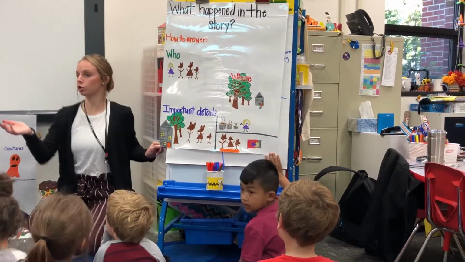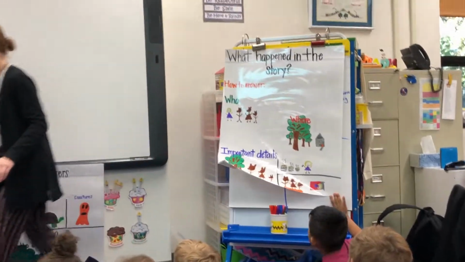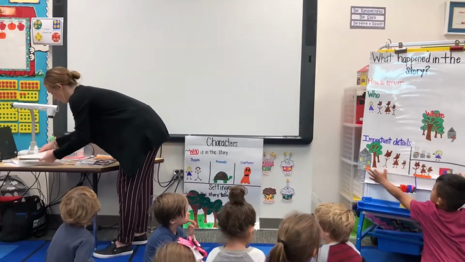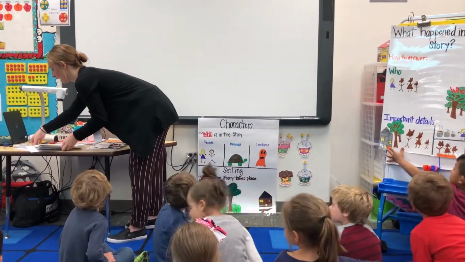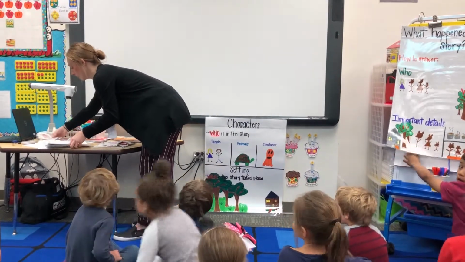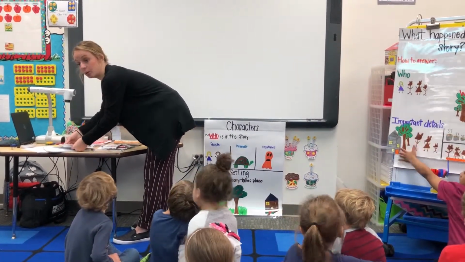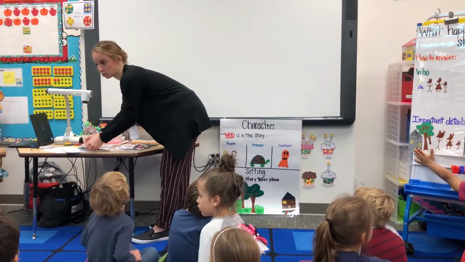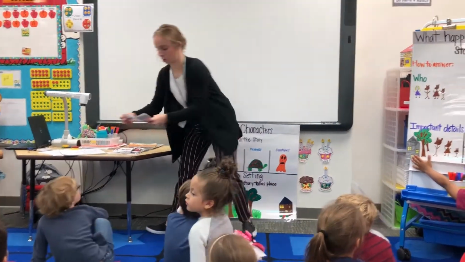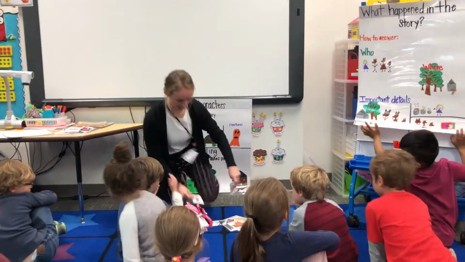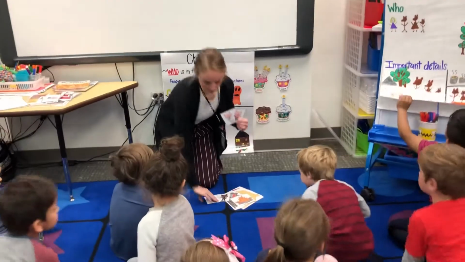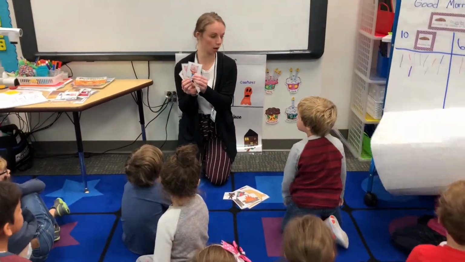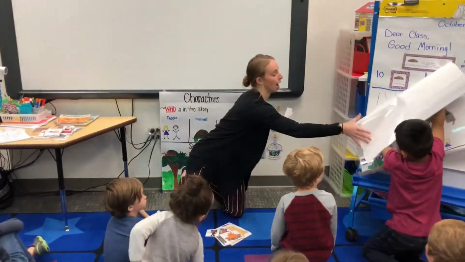So we're gonna use these super cool cards I found to tell what happened in the Three Little Pigs. We're going back to that story a lot, aren't we? Yeah. So if we look here, I have the Three Little Pigs. Uh-oh. Here, Valentine, I'll just put it over here.